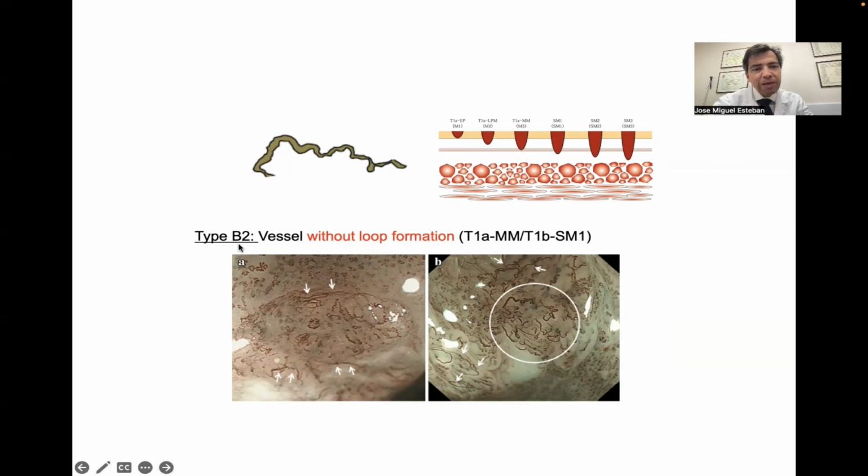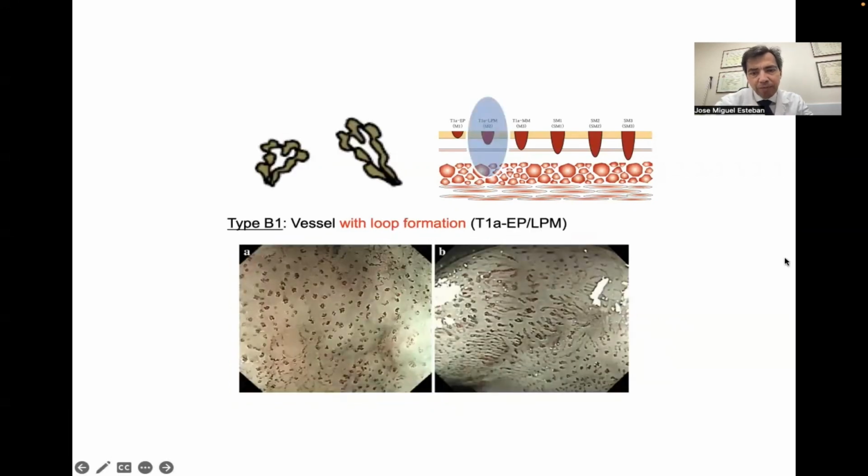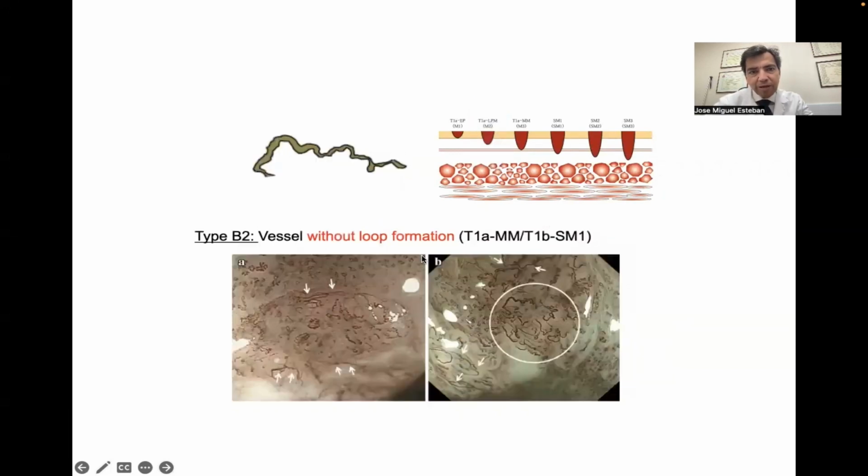When it goes B2, vessels will look like this without loop formation. These are thickened vessels without loop formations. I will go back to check how the loop formation looked, it's this kind of vessels with loops. But if you go deeper and it goes without loop formation, you can assume that it goes to muscularis mucosa, T1A muscularis mucosa or SM1.